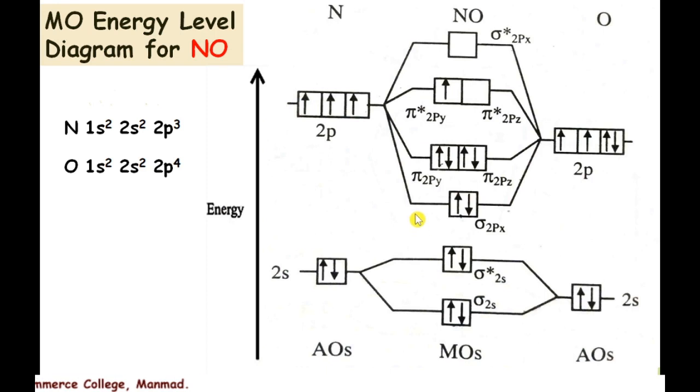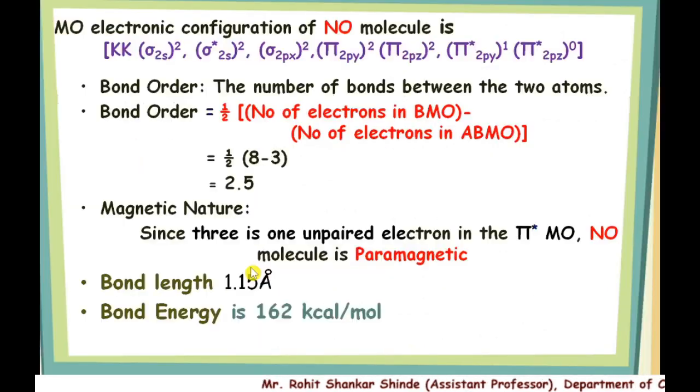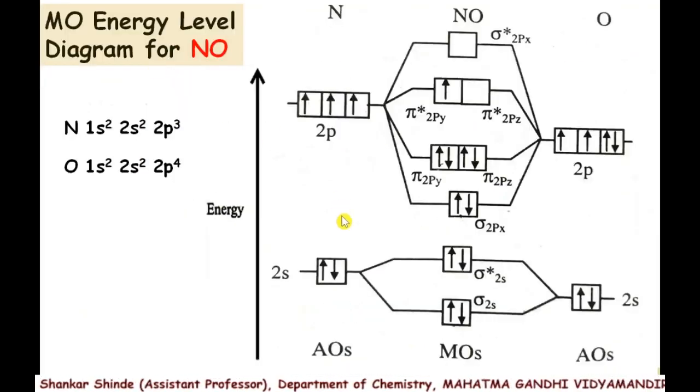Now, while writing the molecular orbital electronic configuration for NO molecule, for 1s2 of both nitrogen and oxygen, we are going to write KK as shown here. After this, the remaining electrons are filled.